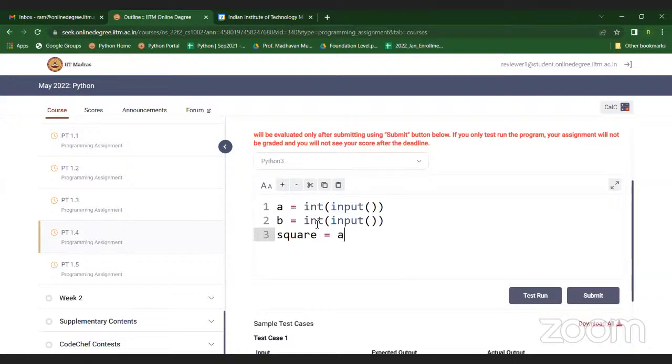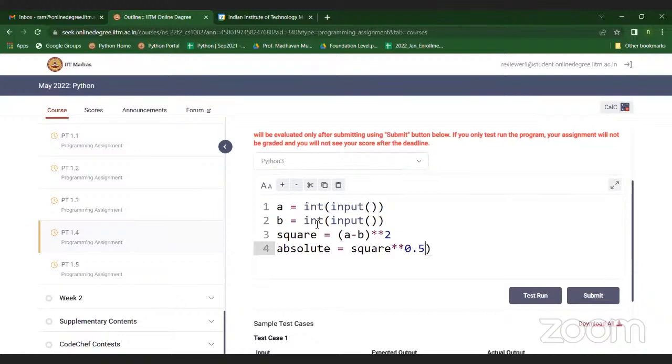One second. Yeah. So we just complete this. A minus B star 2. Okay, and then the absolute difference equals to square star.